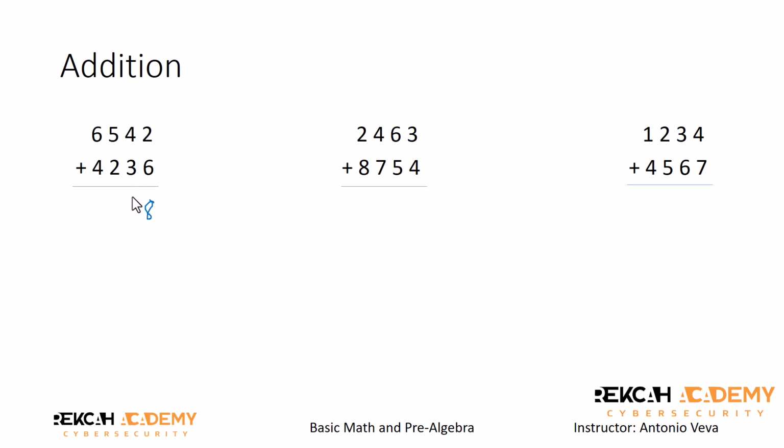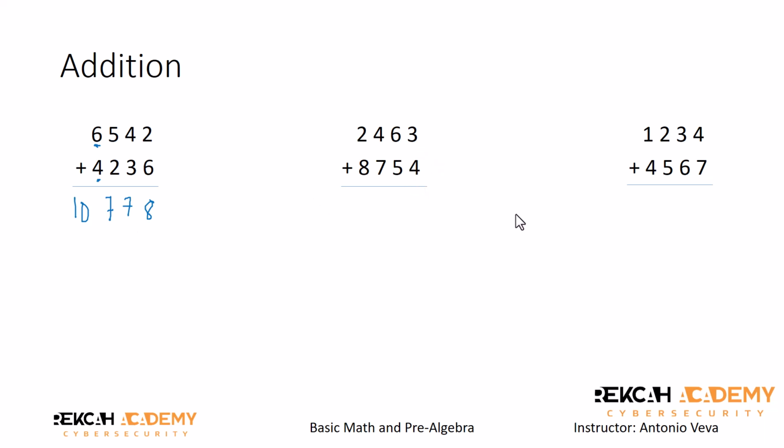The tens column is 4 plus 3, 7. And 5 plus 2, this is 7 also. And last is 6 plus 4, which equals 10. So this is 10,778, because the column here is the thousands place.